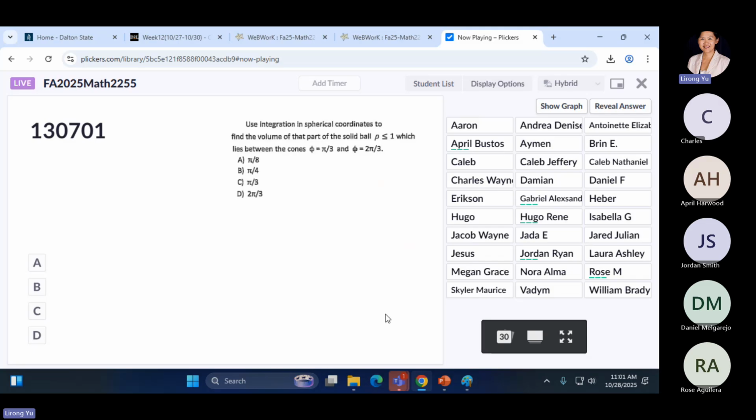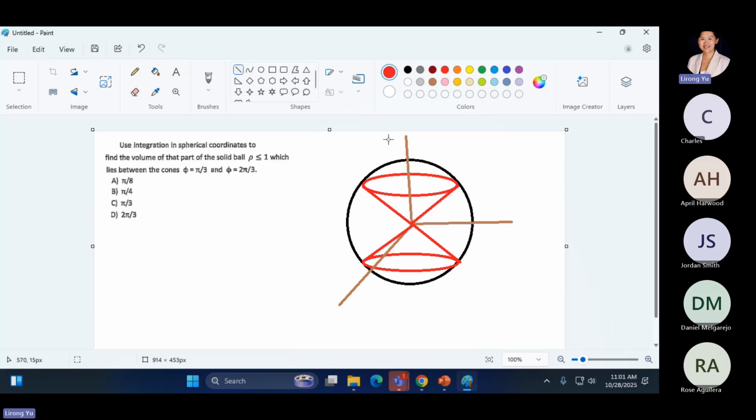So we're not finding the volume of the entire ball. We're finding the volume of a certain part of the ball. Using phi as notation, if you remember, in spherical coordinate phi represents the angle from the z-axis. So we have this z-axis.